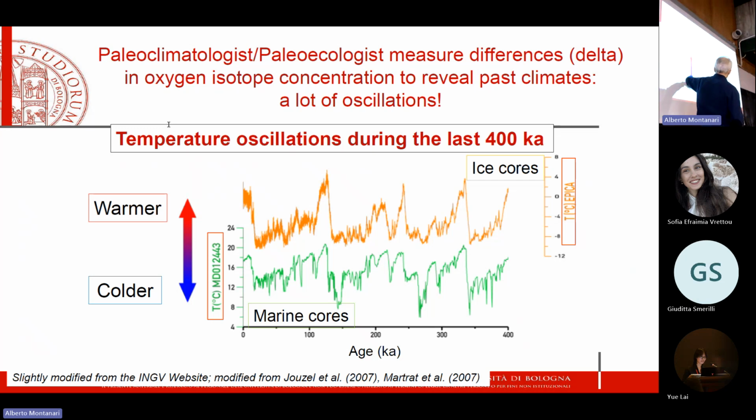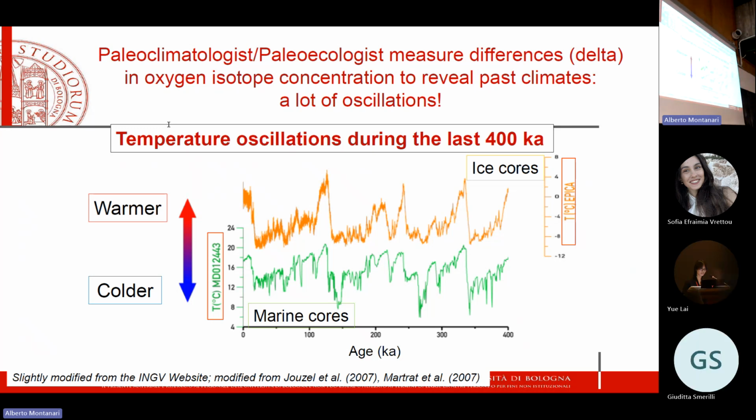The green scale is on the left, the orange scale is on the right. And what is then the difference? Why different temperature? Because the green is taken from marine cores and reflects the temperature of water. The yellow is taken from air trapped into the ice cores and therefore reflects the temperature of air.